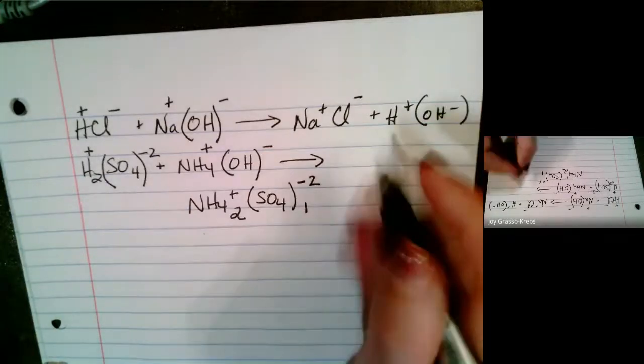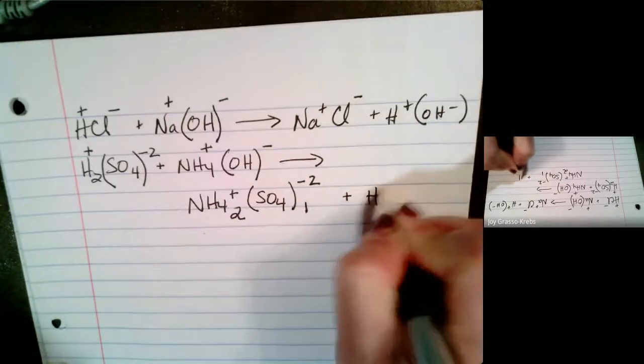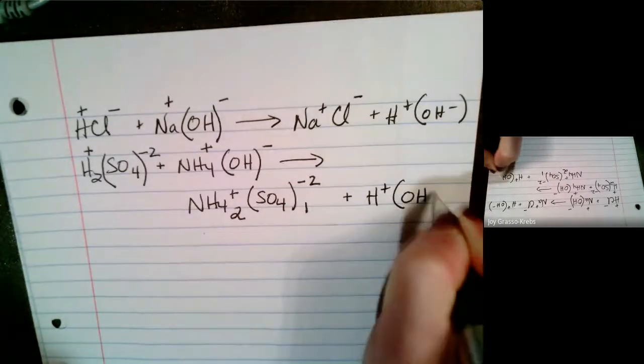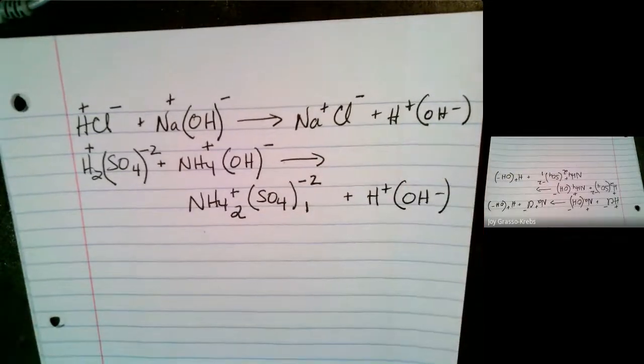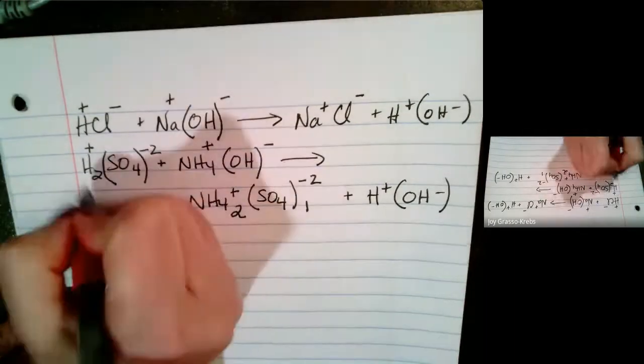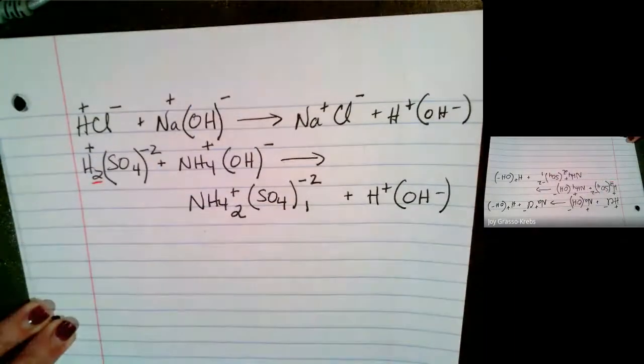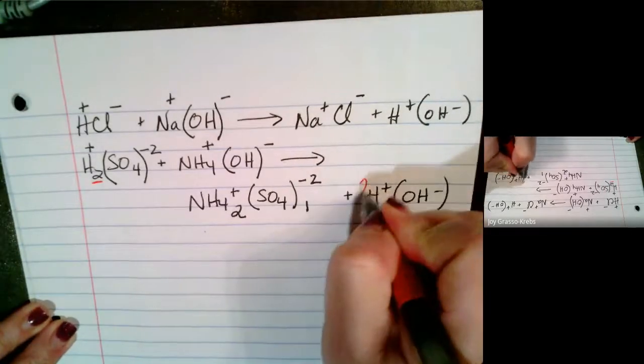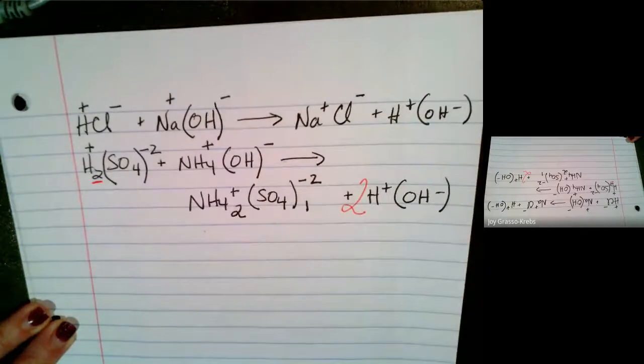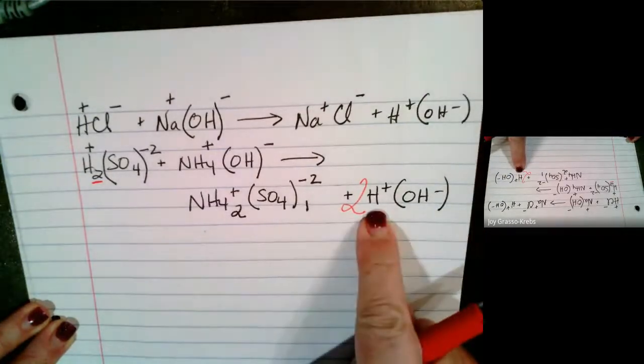Now, what's left? H plus and OH minus. But now we have to balance. So you have 2 H's on this side. So let's try it. If we put a coefficient of 2 in front of there, that now gives me 2 H's on this side.